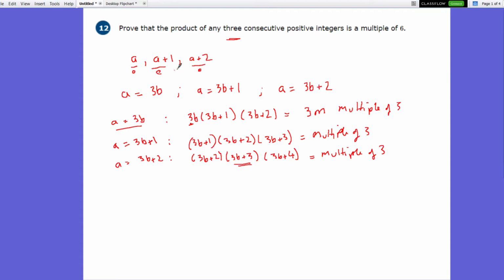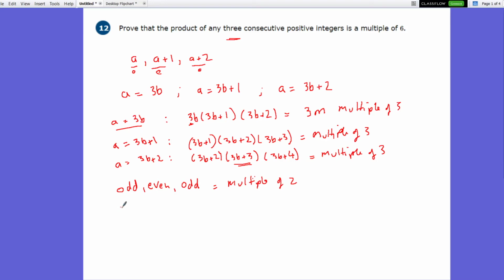So the product contains an even factor, which gives me a multiple of 2.